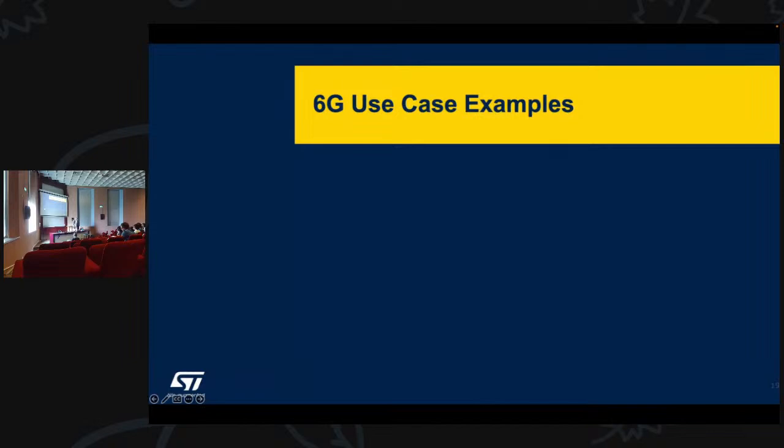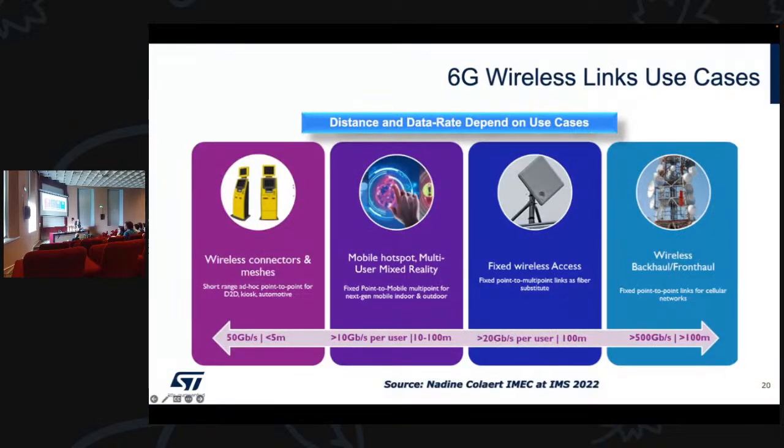So we will look now at use case examples. As I told you, depending on which use case you target, you will not need the same data rate, the same distance, and so on.